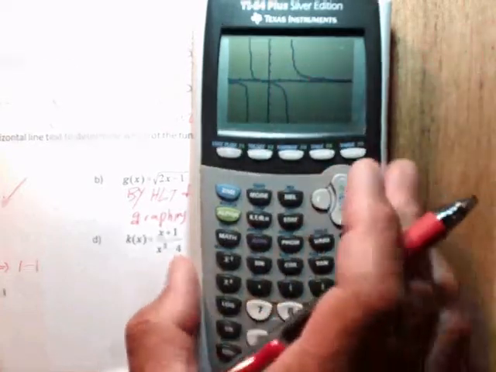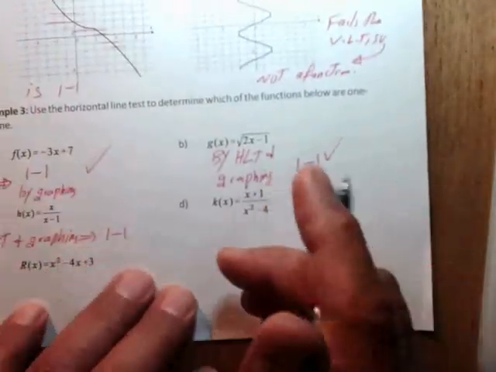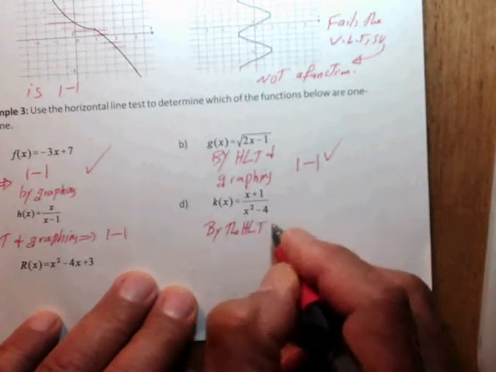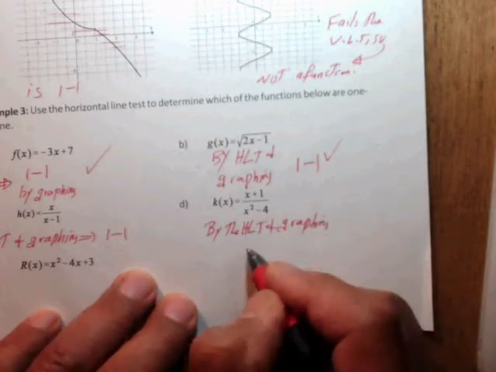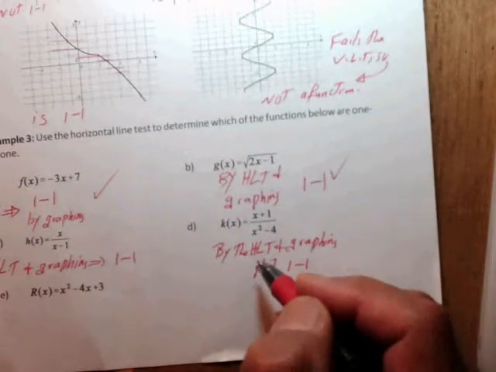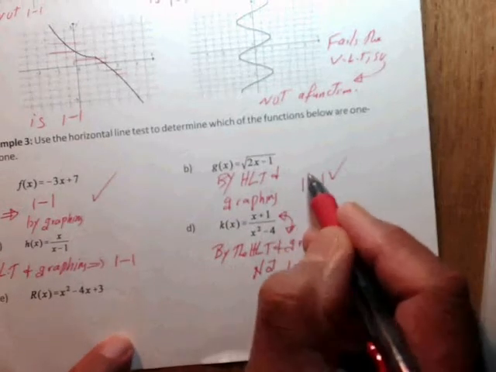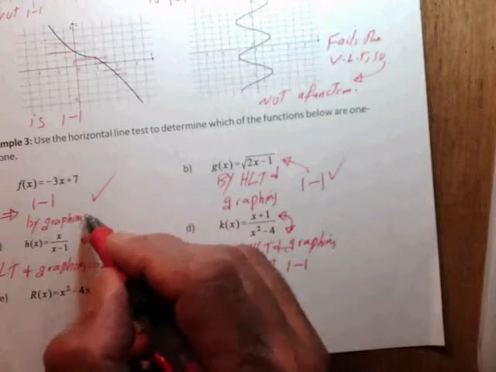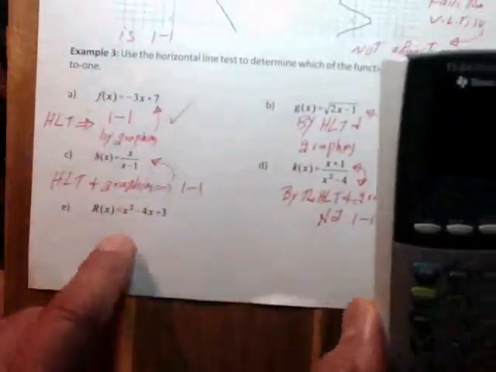So, by the horizontal line test in graphing, this function is not 1 to 1. This one is. And this one is. Finally, this last one.